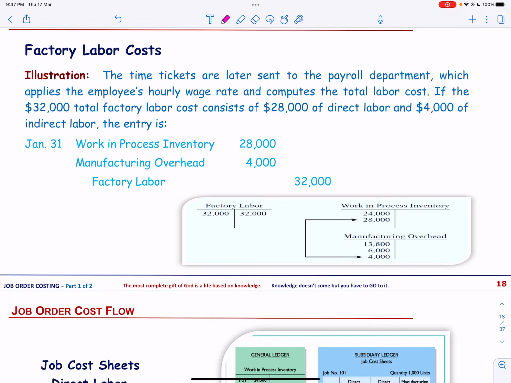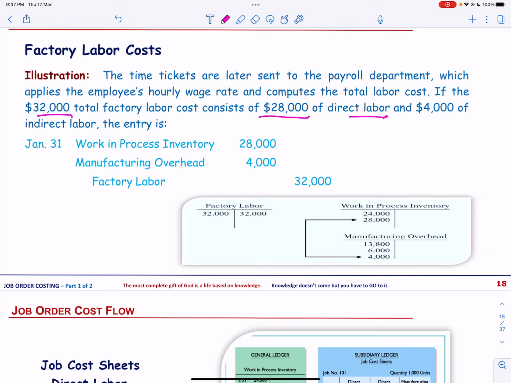The time ticket is given over here, and it specifies that the total factory labor cost is 32,000. This consists of 28,000 of direct labor and 4,000 of indirect labor.